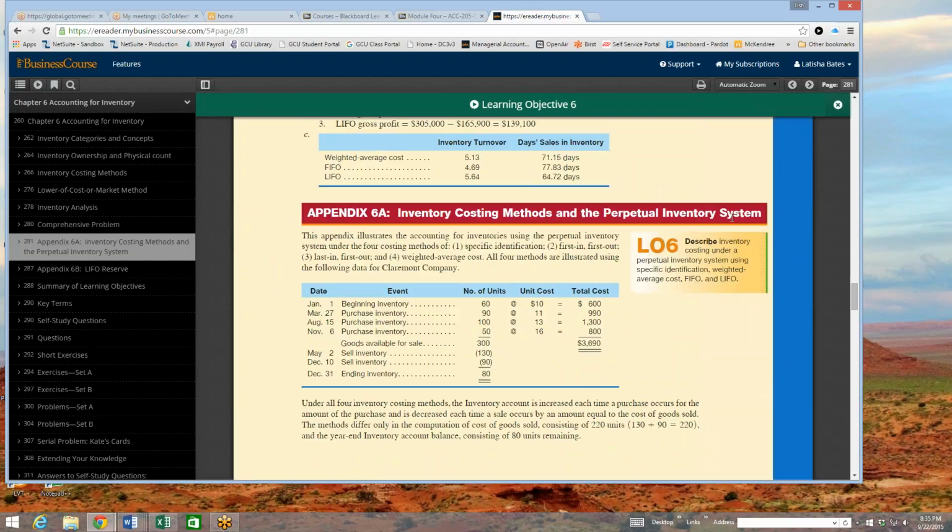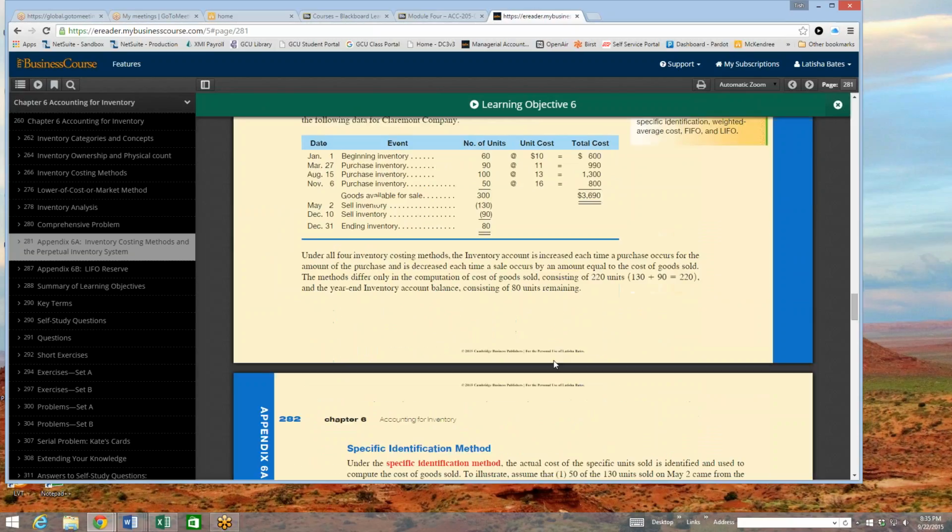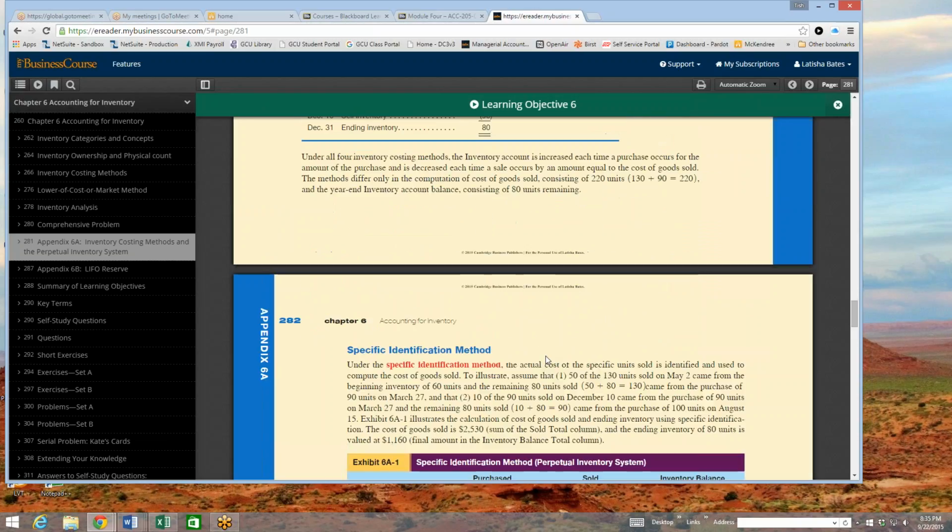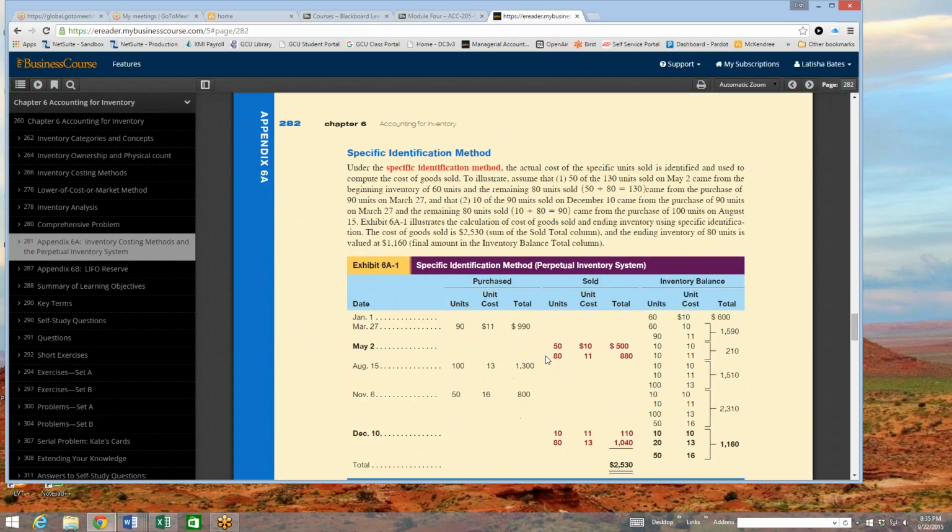The perpetual method inventory system is right here in 6A. It walks you down through this example of how to calculate that: first in, first out, last in, first out, weighted average cost.